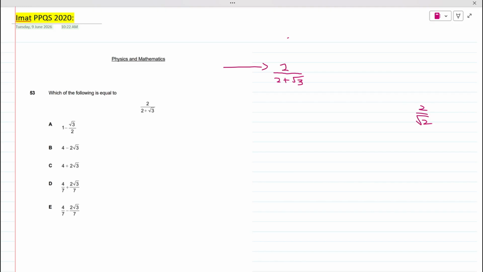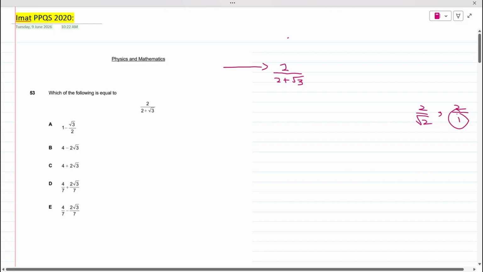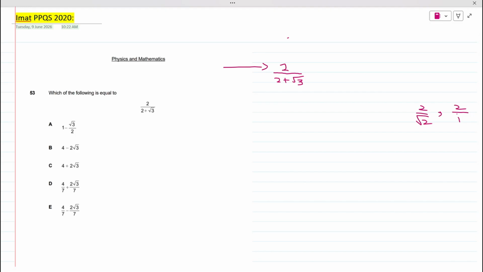Either you have this or you have 2 by iota. If in the denominator a radical comes, or this iota, which means an imaginary number, comes, you are supposed to simplify these types of expressions by rationalization. And how are you going to rationalize it?